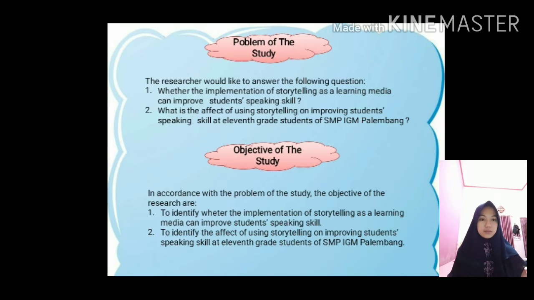And then, problem of the study. Actually, there are many difficulties faced by the student in speaking English. Of course, this difficulty is motivated by two factors. The first is internal factor and the second is external factor. So, what are the internal and external factors?